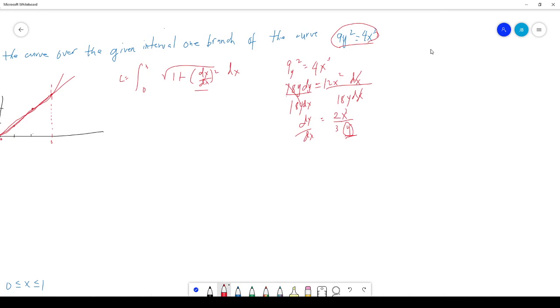Again, we have 9y squared is equal to 4x cubed. Divide both sides by 9, then square root both sides. So y is equal to 2/3, since the square root of 4 is 2 and the square root of 9 is 3, and then the square root of x cubed is x to the 3/2. Therefore, your dy over dx is 2x squared over 3 times 2/3 x to the 3/2.